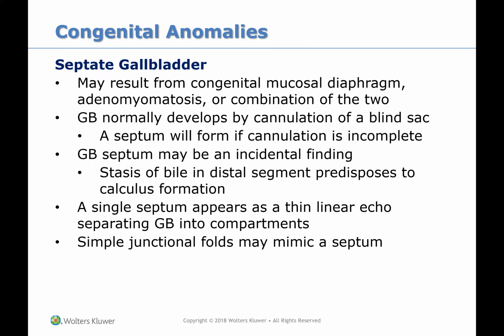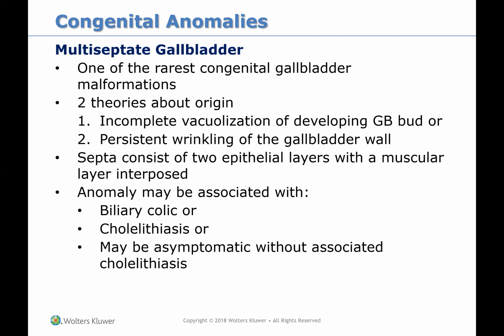So a single septum is going to appear as a thin linear echo separating the gallbladder into compartments. Simple junctional folds may mimic a septum, but it's different. One of the rarest congenital gallbladder anomalies is the multiseptate gallbladder. So patients that have this may have some issues.